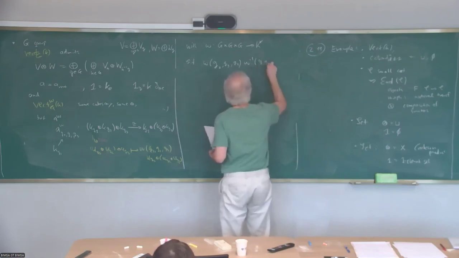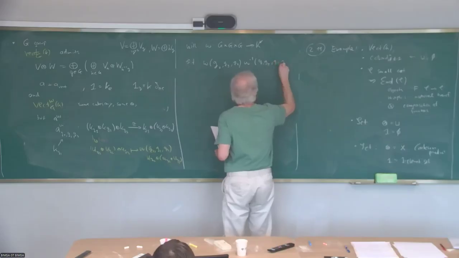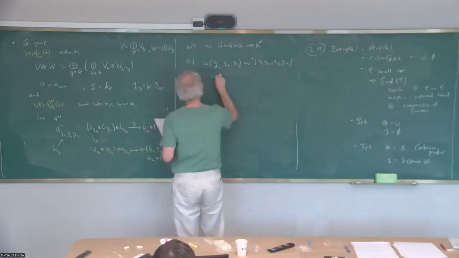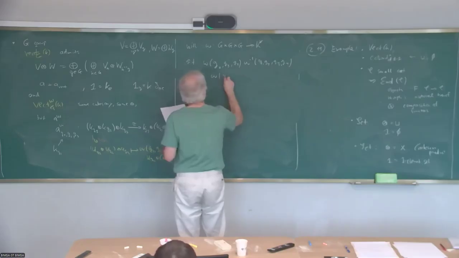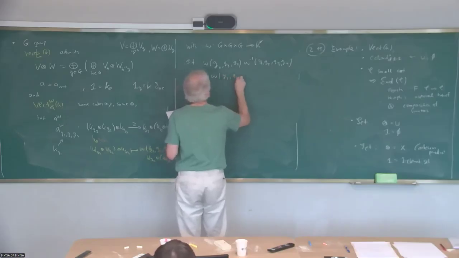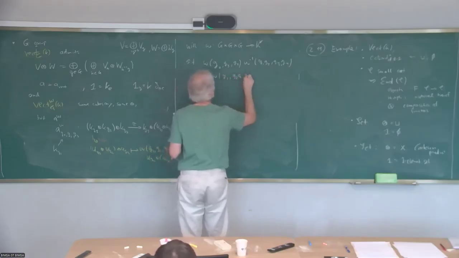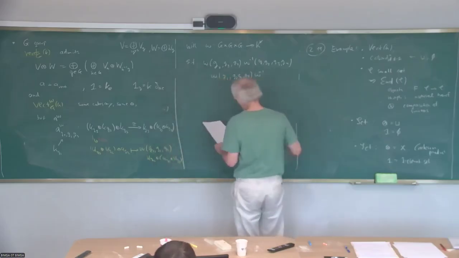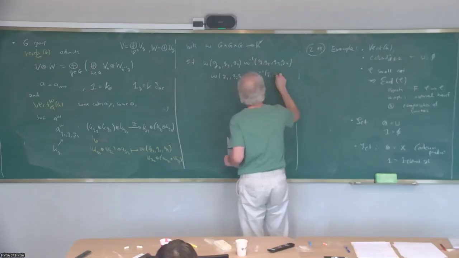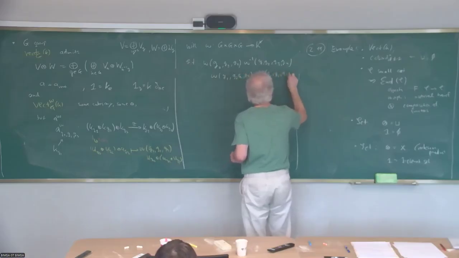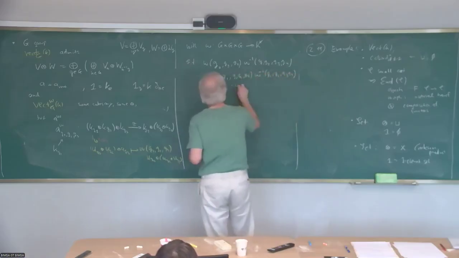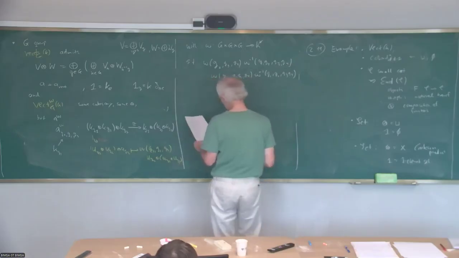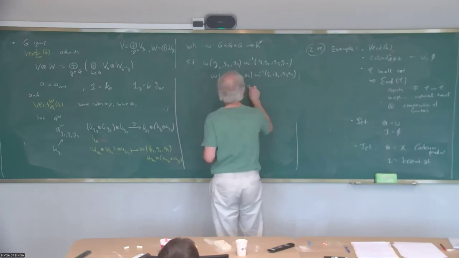And then I have G1, G2, G3, G4 times omega of G1, G2, G3, G4, omega inverse of G1, G2, G3, G4 times omega of G1, G2, G3.